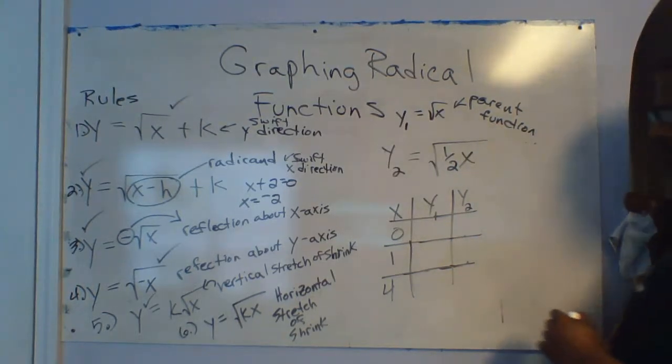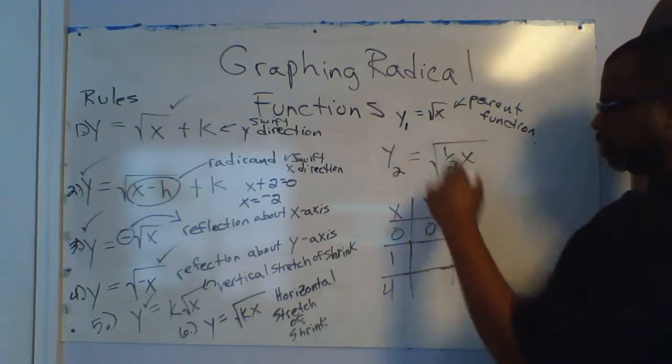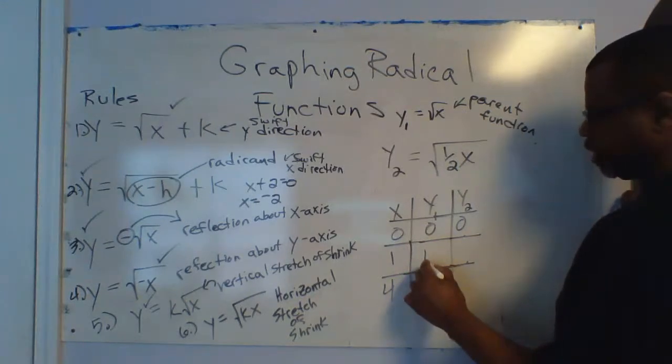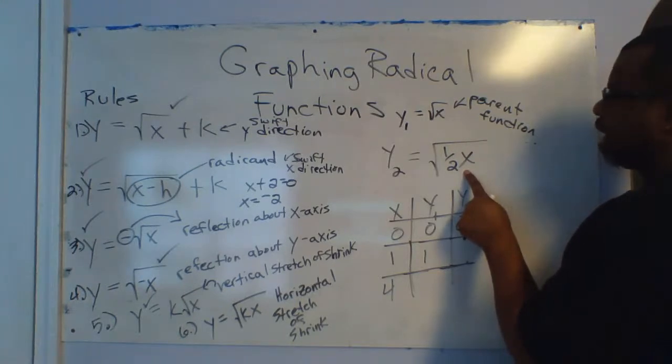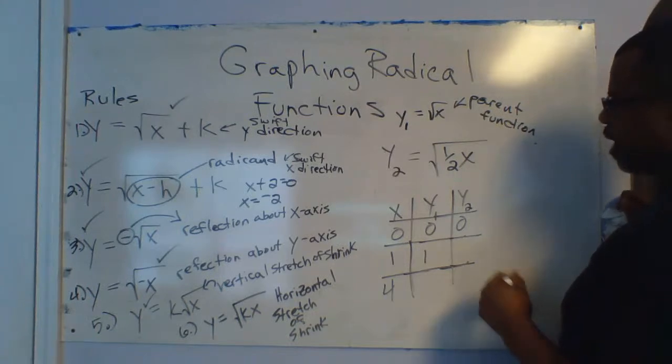Okay, so if I plug in 0 here, parent function, I get 0 here, right? So if I plug in 1 here, that's 1/2, and the square root of 1/2 is going to be what? What's the square root of 1/2? So we take the square root of 1/2.